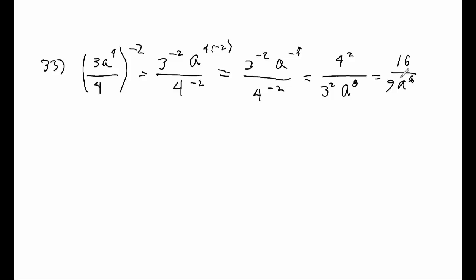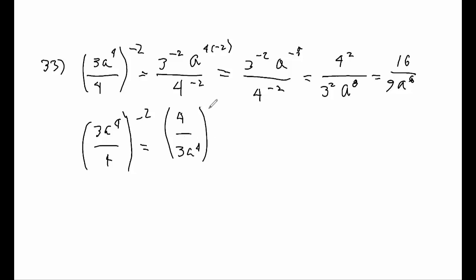Now the other way I can do it with a little bit of shortcut, seeing that I have a quotient inside the bracket and I have a negative exponent on the outside. I have 3a to the 4th over 4, and that's going to be equal to, to the negative 2, and now what I can do is say 4 over 3a to the 4th, and now it's to a positive 2.